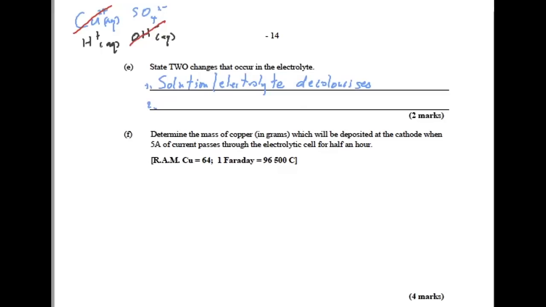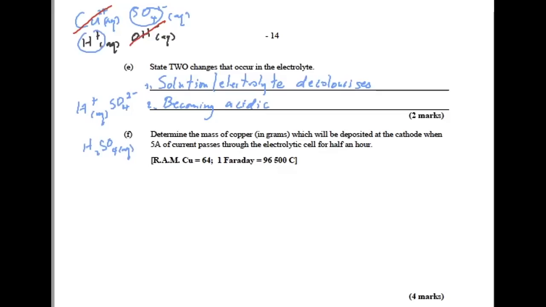H plus combining with SO4 2 minus will give us sulfuric acid. So the electrolyte is becoming acidic in nature, because we now have H plus with SO4 2 minus, ending up with sulfuric acid, H2SO4 in aqueous medium.